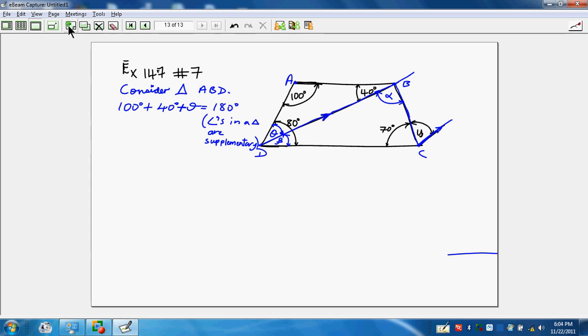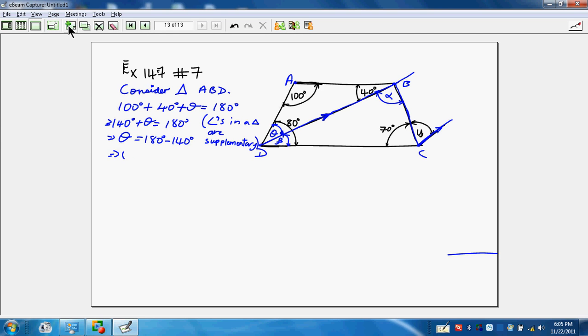So we could say that angle theta plus 100 plus 40, which is 140 degrees, will be equal to 180 degrees. And therefore, angle theta must be equal to 180 degrees minus 140 degrees.